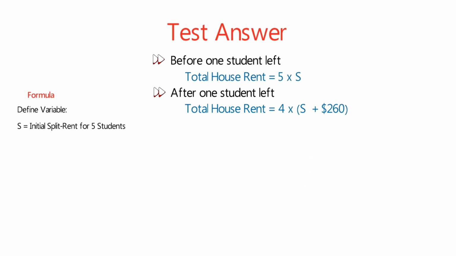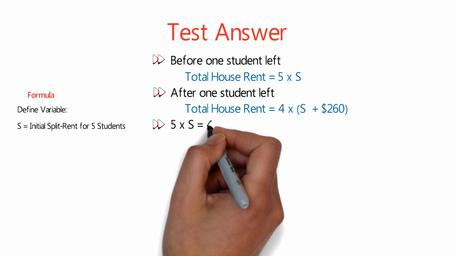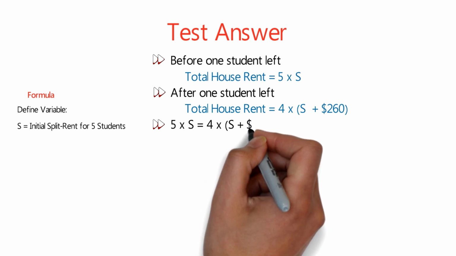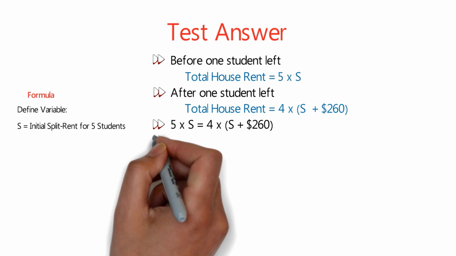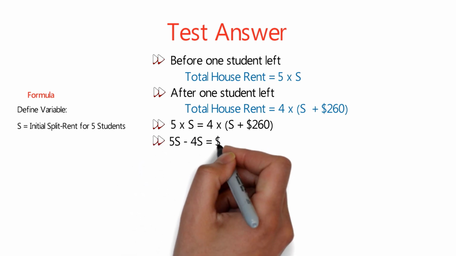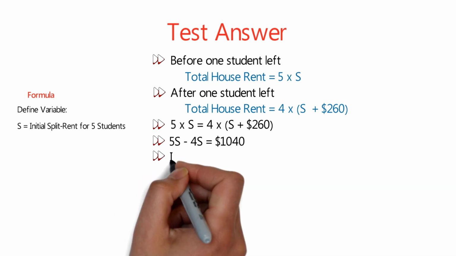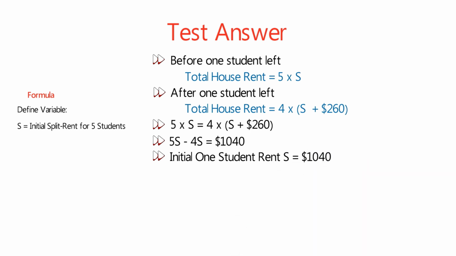Using both approaches, we can create an expression. 5 multiplied by S equals 4 multiplied by the value in parentheses S plus $260. Once we simplify it, we'll get to the equation 5S minus 4S equals $1,040, which means that S equals $1,040, which represents the initial 1 student rent.